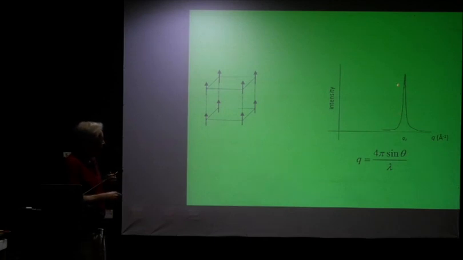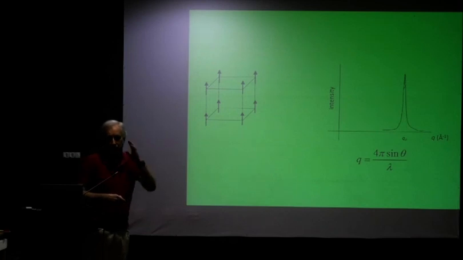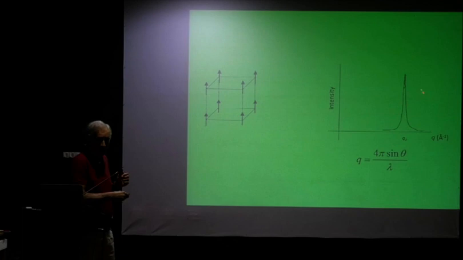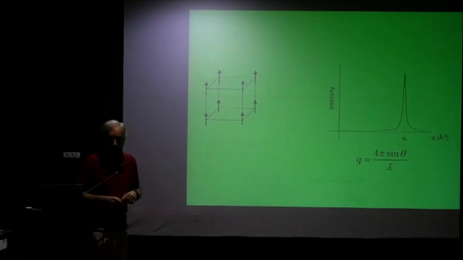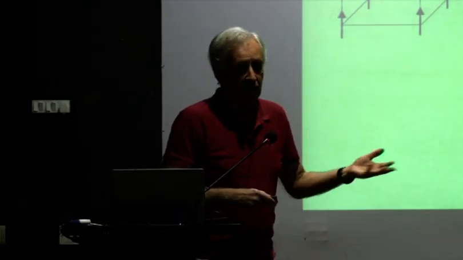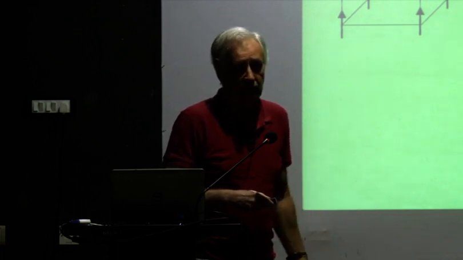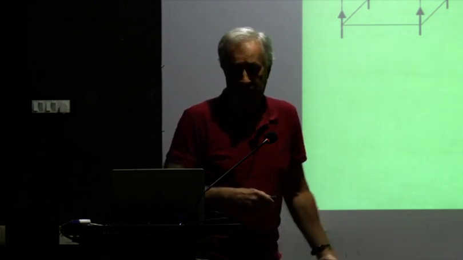And then on top of that, in this hashed region here, we have an extra intensity that comes from the ferromagnetic alignment. If you run the same experiment above the Curie temperature, then you lose this peak all of a sudden. And then from the intensity sitting on top of this peak, you can measure as a function of temperature what you see normally in the magnetization.